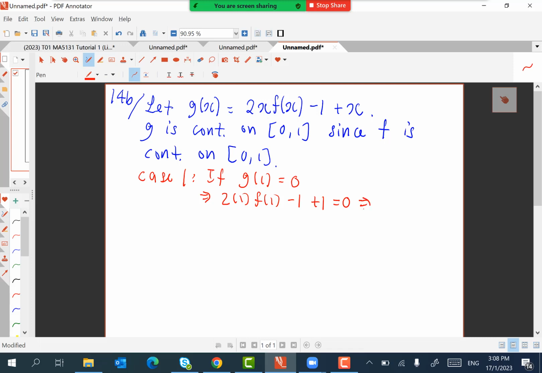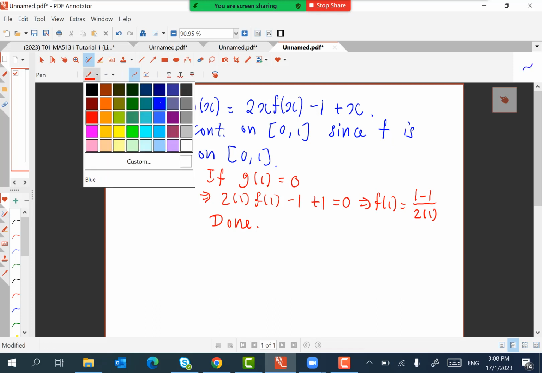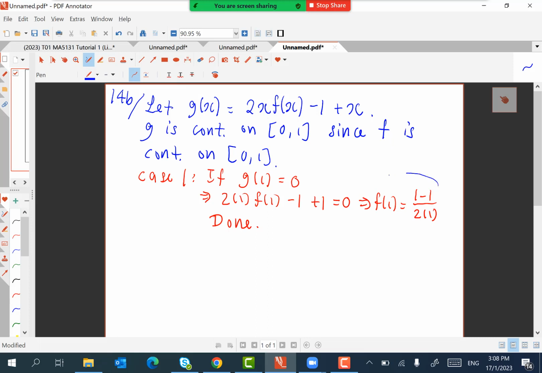That means f(1) is equal to (1 minus 1) over (2 times 1), and then we are done. If you have an f(1) like that, we have already established what the question intends.